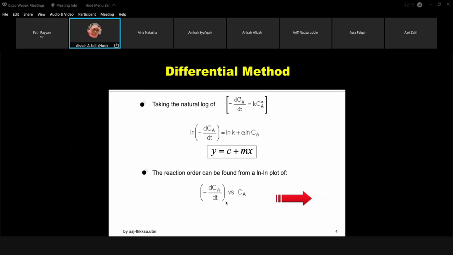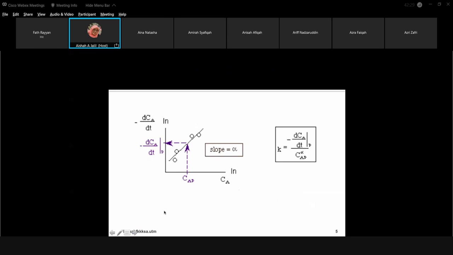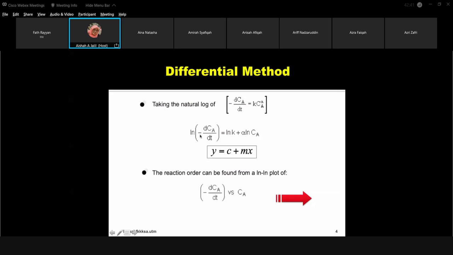You can use that graph without using ln. You can put the value of this one and this one directly onto that graph. But if you use the usual graph, you have to take ln: ln of dCA as the Y, and ln CA as the X.